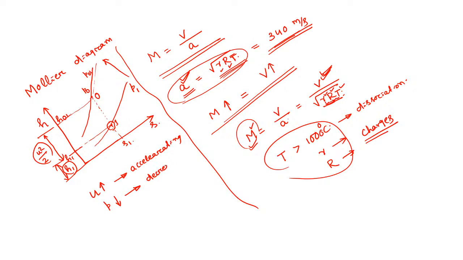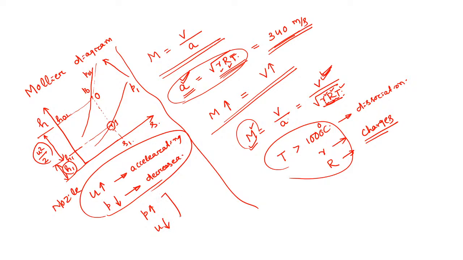This is the nozzle action, increasing the velocity. On the other side, if the pressure increases, the velocity must decrease, and that will be a diffuser action.